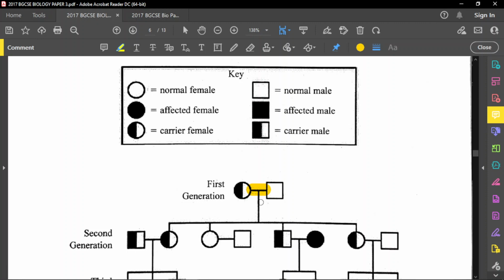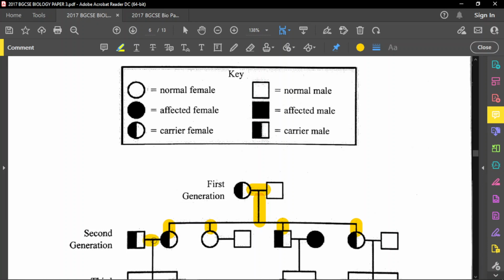And the vertical ones mean offspring. So coming down the line like this, it means that they're offspring. So here is an offspring of the first generation, another offspring of the first generation, and another. And then these offspring, which are the second generation, will now marry other persons.